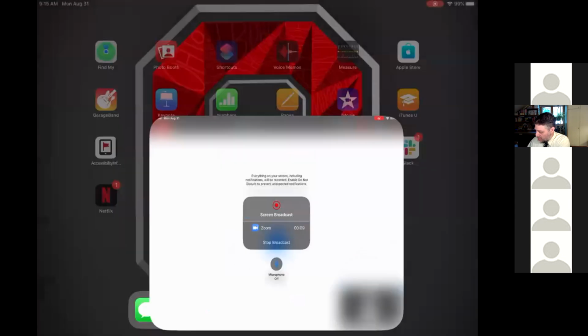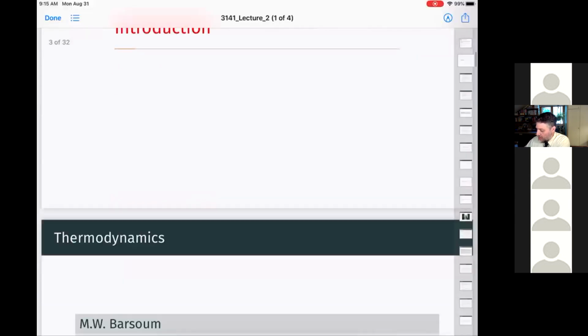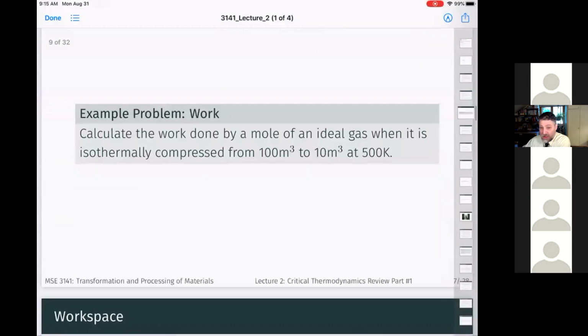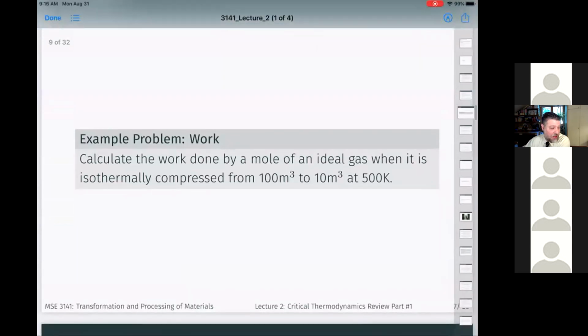Okay, so the problem at hand here is: calculate the work done by a mole of an ideal gas when it's isothermally compressed from 100 cubic meters to 10 cubic meters at a constant temperature.